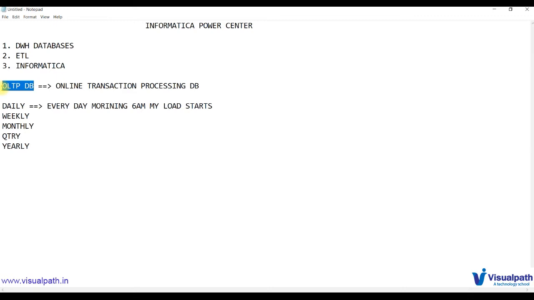That's how it works based upon the frequencies. Suppose I'm talking about monthly. From Jan 1st until Jan 31st, I store all my data in my OLTP database. This will be my current data. And once February 1st comes, I load it somewhere else.